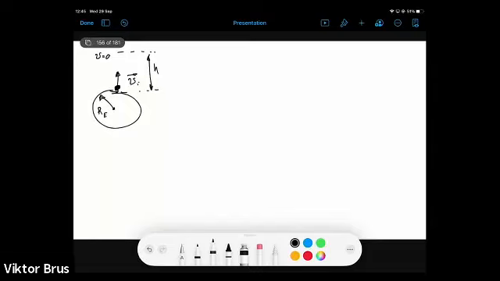So we have some steady condition: this projectile which is moving upwards, and the gravitational field of the Earth which acts on this projectile with mass m. And here we have the mass of the Earth.